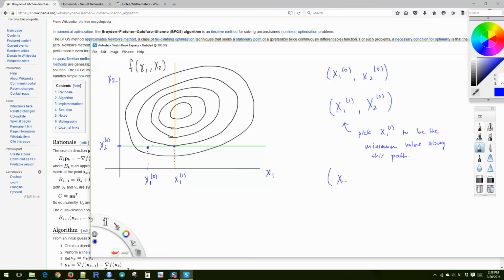So now that we have x sub 1 at time 1, we're going to search along this path and update x sub 2 to be the minimum value along here. And where's that going to be? That's going to be right here, right? Can we see this? Sure. Yeah? No? Am I talking to myself here?